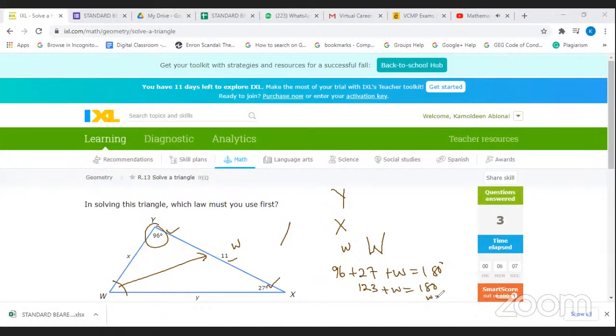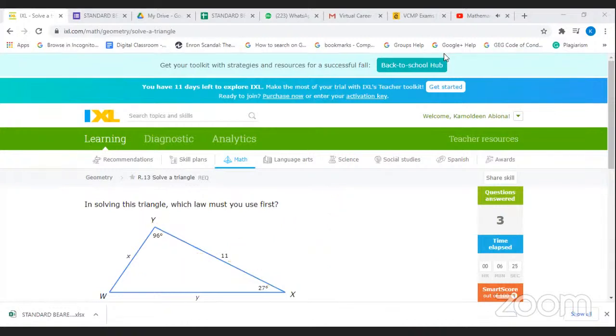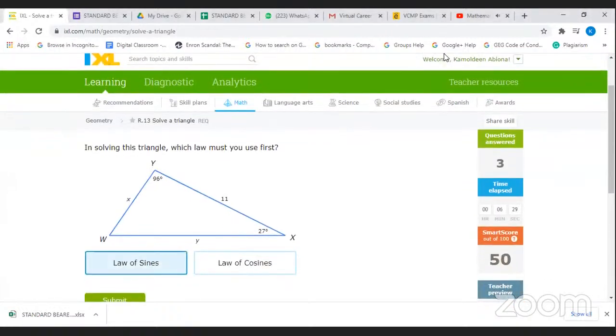So W is equal to 57. Indirectly they have given us that. So it means we are using the sine rule. I hope I'm making sense.